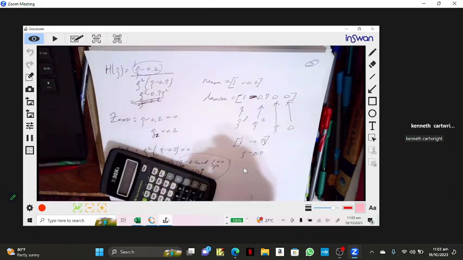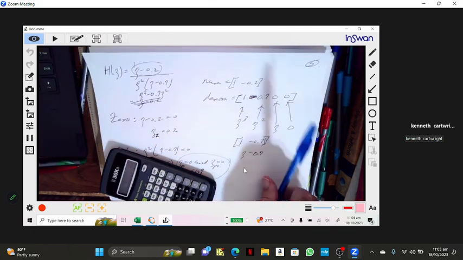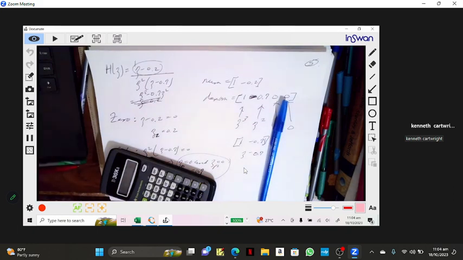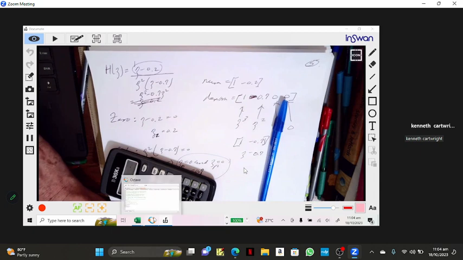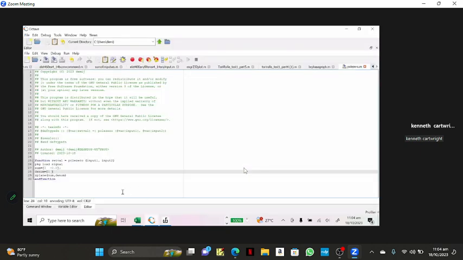Yes. All right. So let's try that and see if we get the answer we need. So the denominator is 1, negative 0.7, 0, 0.